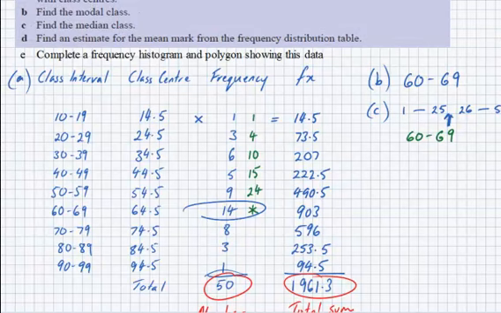Alright, D, find an estimate for the mean mark from the frequency distribution table. Alright, so remember, to find the mean, we do the total of all scores over the number of scores.